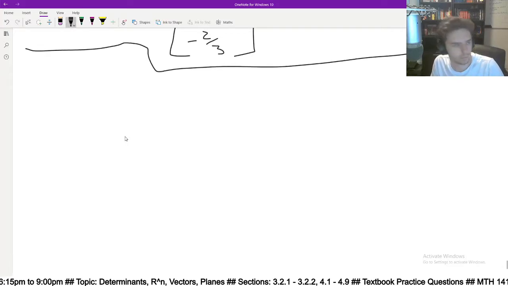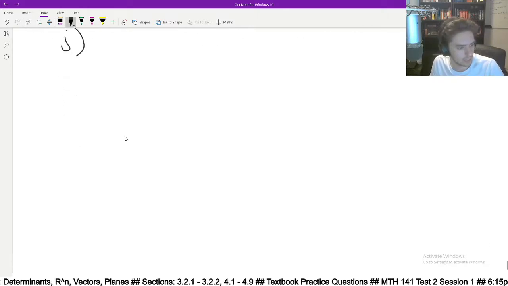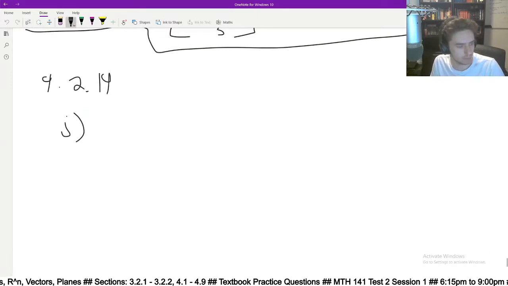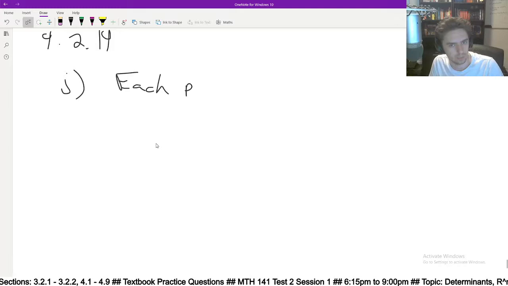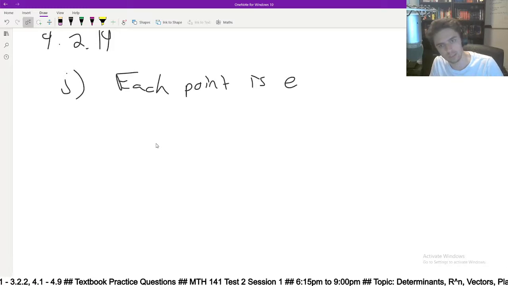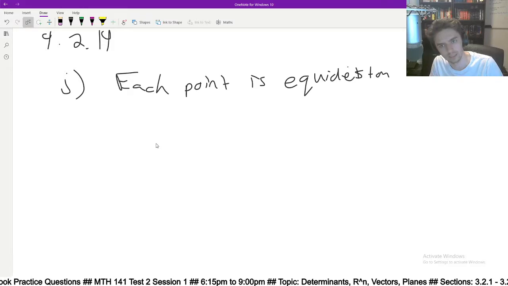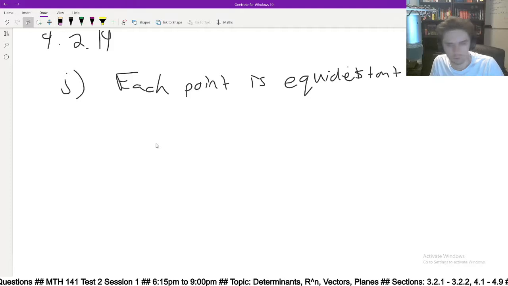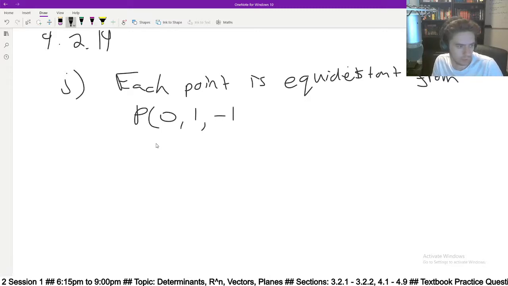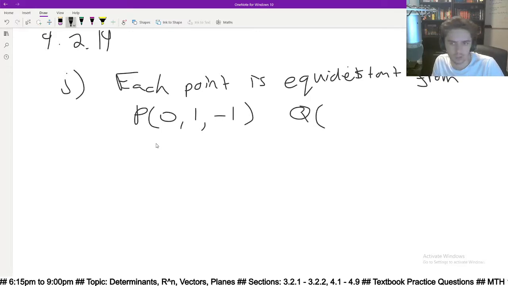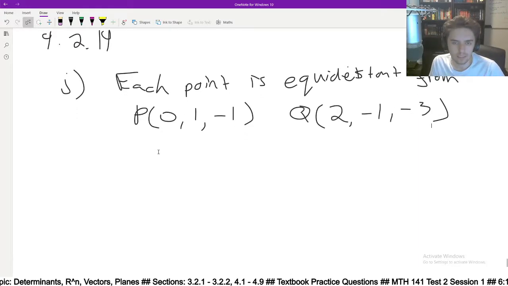So 4.2.14J is saying find the equation of the plane where each point is equidistant from P (0, 1, -1) and Q (2, -1, -3).